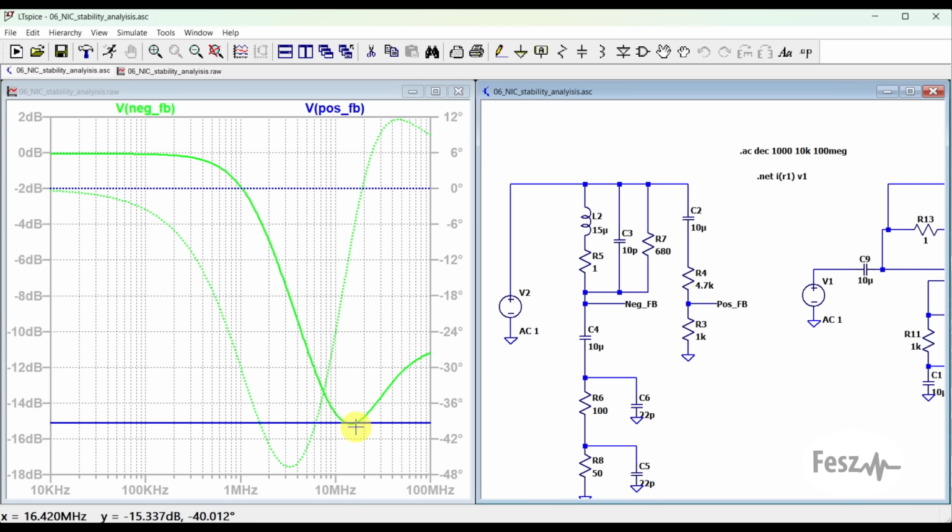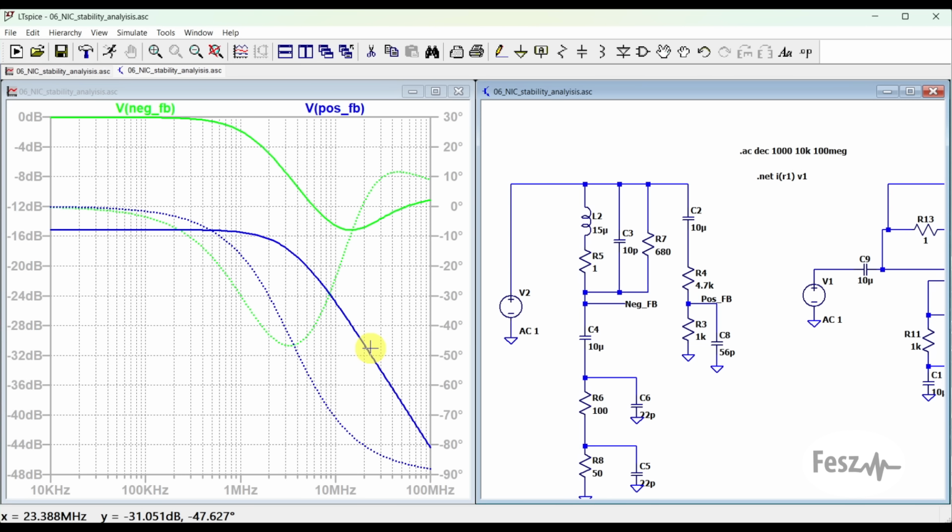So this time I had enough and decided to play with the positive feedback one more time and add a 56 picofarad capacitor on the low side. So by doing this, we should move the positive feedback line out of the way and leave a bit of margin for any tolerances that occurred when we created the initial model.